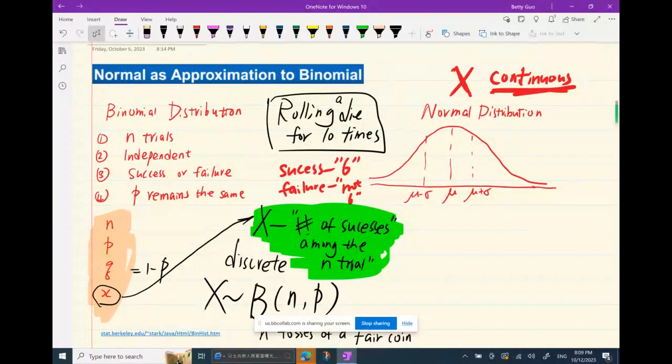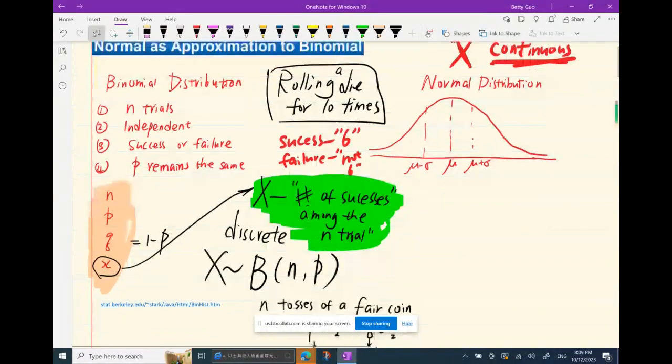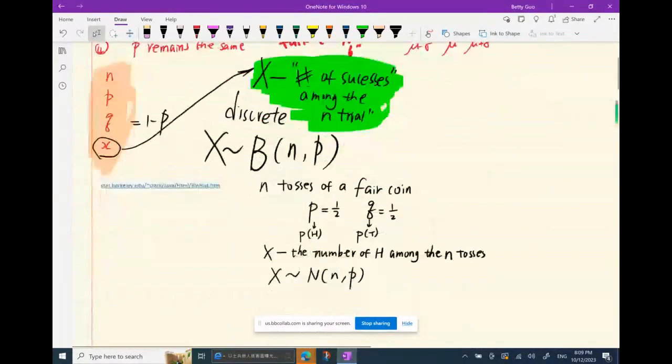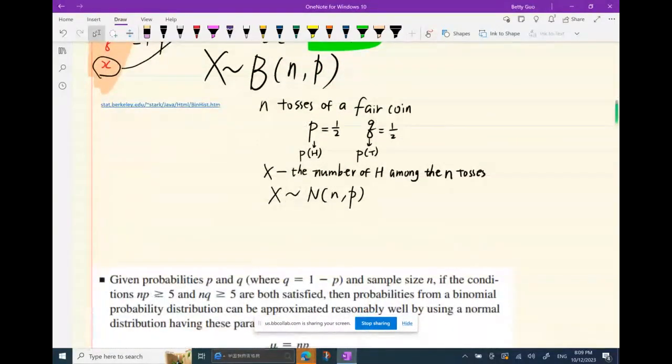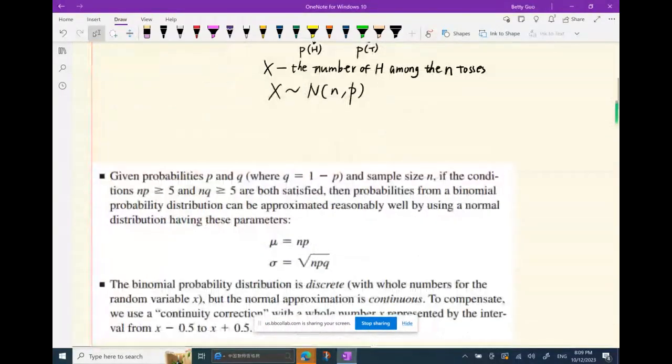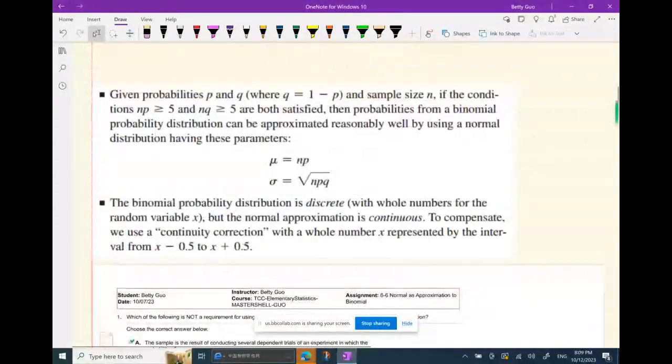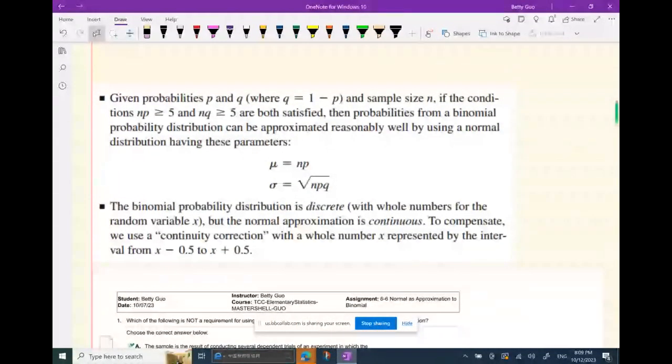All right, when could a normal distribution approximate a binomial distribution? There are certain conditions that need to be satisfied. The condition is both np and nq have to be no less than 5.